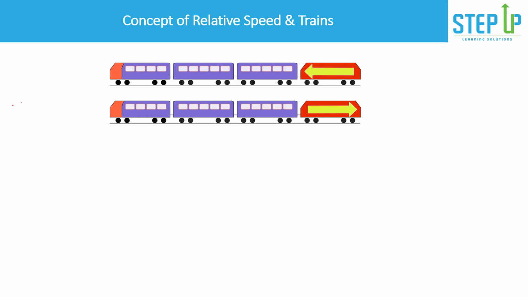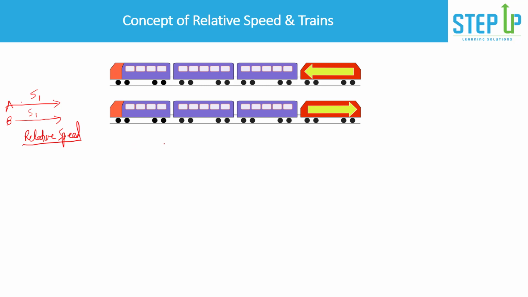For example, say there's a body A which is moving, and a body B which is moving in the same direction, and the speed is also the same. It may appear to body B that body A is stationary, that means the speed of A is 0. And why do we feel that? That is the concept of relative speed. On the same concept, a lot of questions you will see on trains. It could be involving cars, etc.